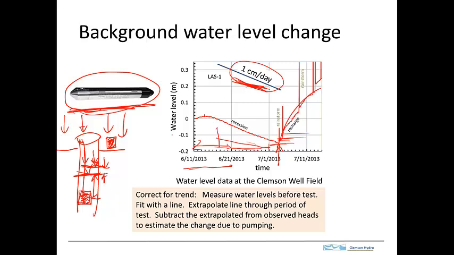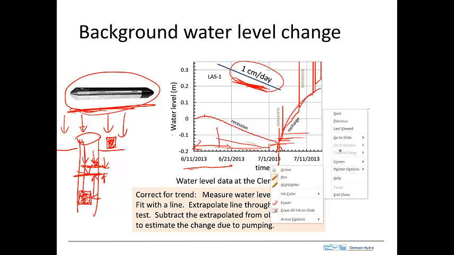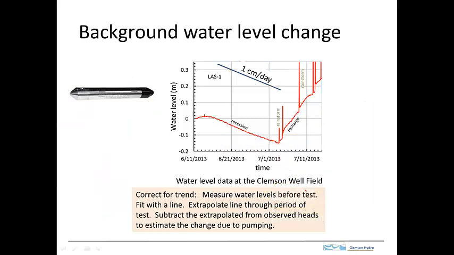Okay, actually, I guess also let me just point this out, that another thing that we can get out of this, let me just erase this, is that if you're conducting a pumping test and you're interested in very accurate changes in water level or changes in head that result from pumping, and you have a big rainstorm, then I think that, if you started your pumping test right here, you could have characterized the ambient effect, and you see that it's rising like that, so I'm going to take that into account.